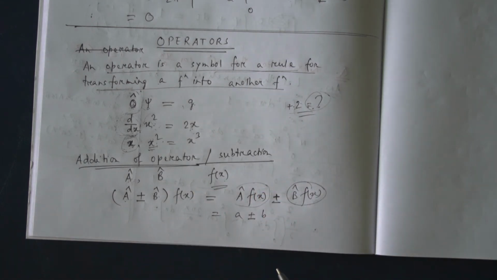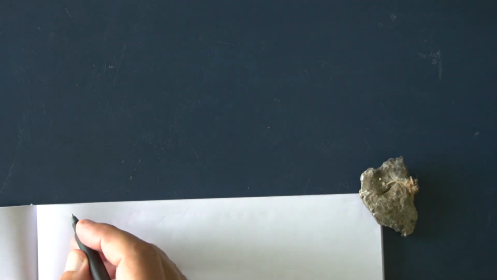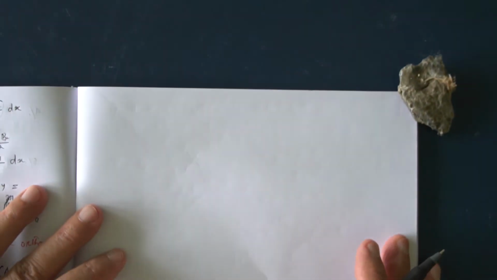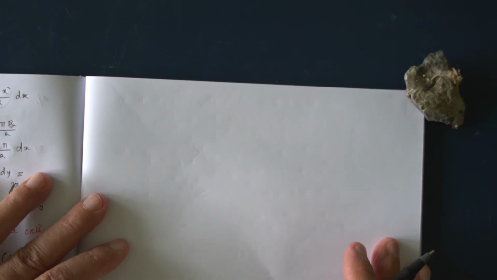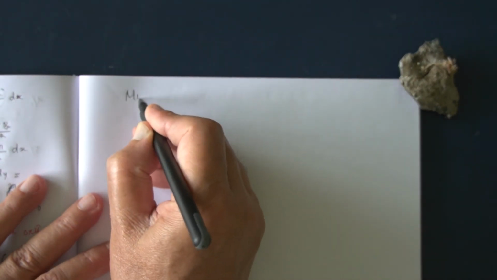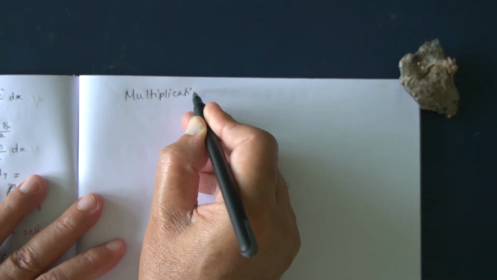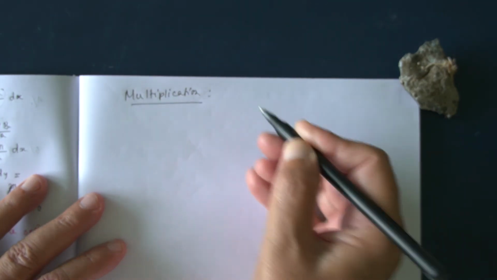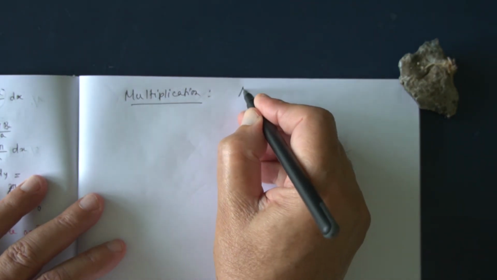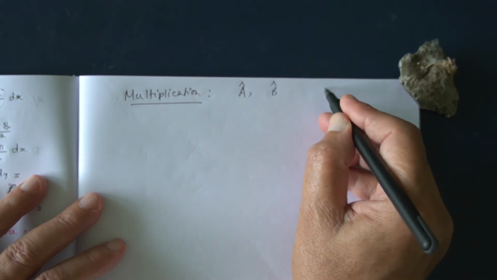Same thing. Next, multiplication of operator. Multiplication of operators. Again, say we have two operators A, B, and function f(x).